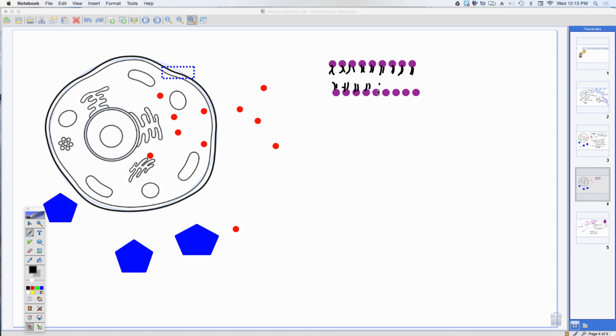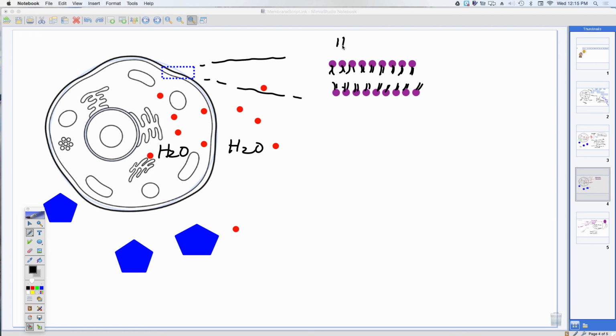Let me put those in really fast. Well, when we look at how a membrane sets itself up, it turns out that the surrounding environment of a cell is mostly water. And the interior of a cell is mostly water.